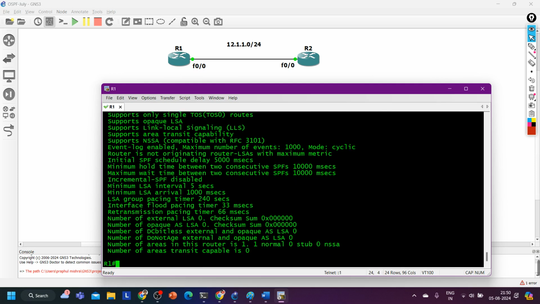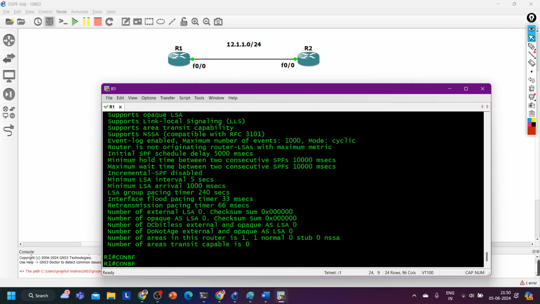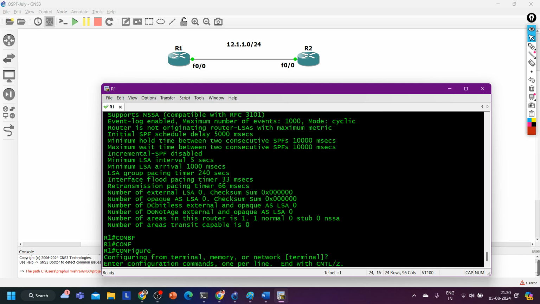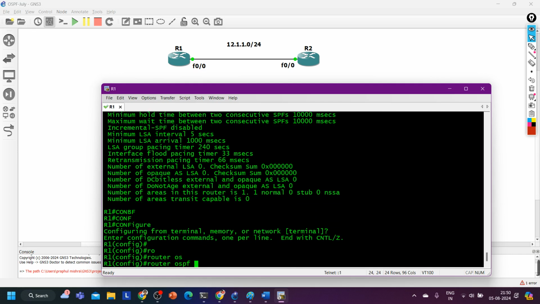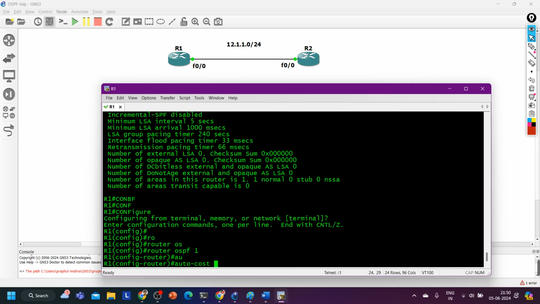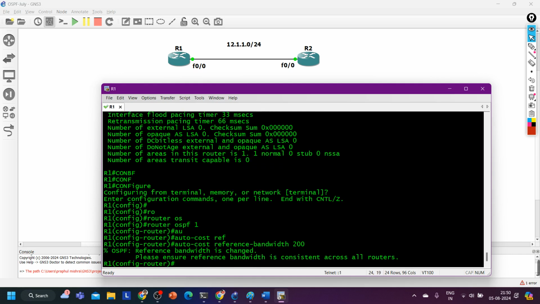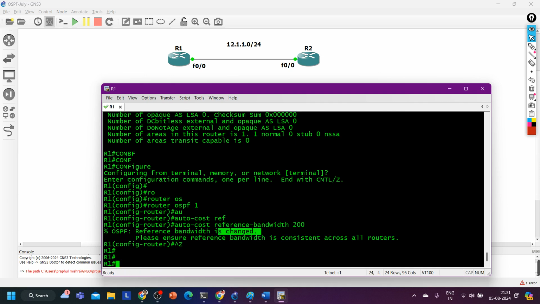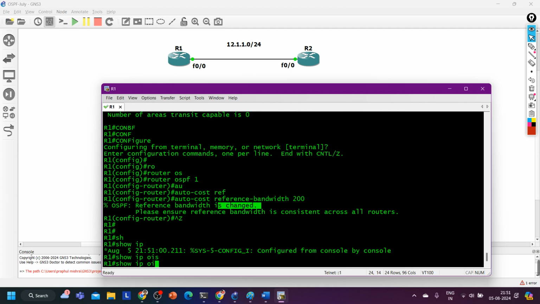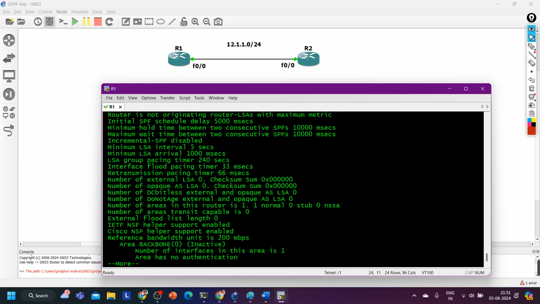Done. If you want to change the reference bandwidth, you can change it. Configure terminal, router ospf 1, auto-cost reference-bandwidth, let's say 200. It says the reference bandwidth is changed. Now show ip ospf.